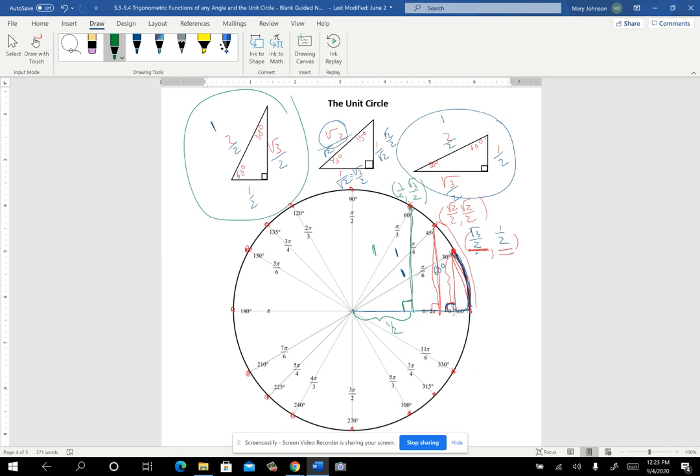So that's the first thing I wanted you to do, is to think about the special right triangles being superimposed into the unit circle for these first quadrant angles. Okay, let me change the color on this one, get it erased, so that one's blue. Okay, this one I want to be blue.